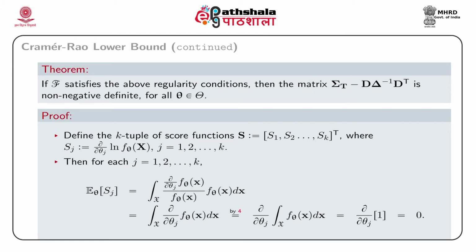Interchanging the integral and the differential sign, we get ∂/∂θi ∫ f_θ(x) dx, which is equal to ∂/∂θi of 1, which is equal to 0.